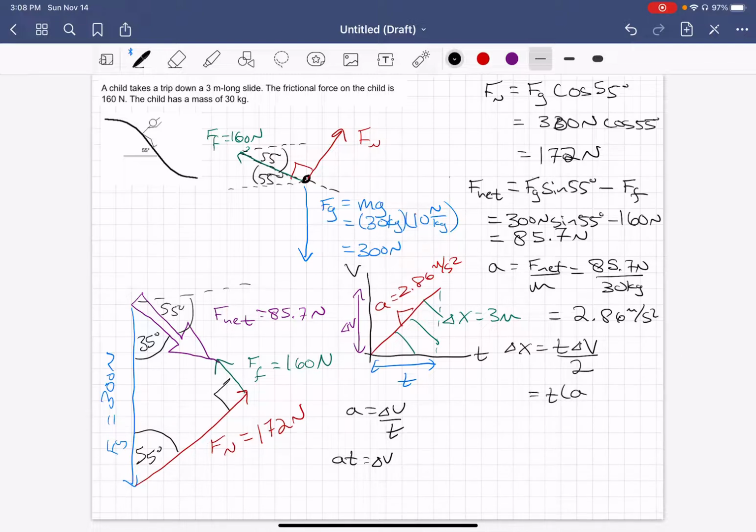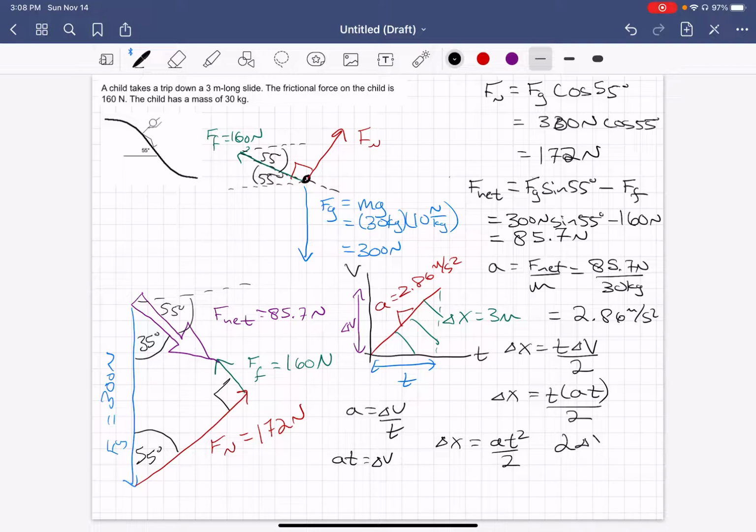I'm going to go ahead and replace delta v with acceleration times time, which gets me that the distance traveled is acceleration times time squared over 2. If I do a little algebra to get t alone, I'm going to solve for the time it takes this child to go down the slide.